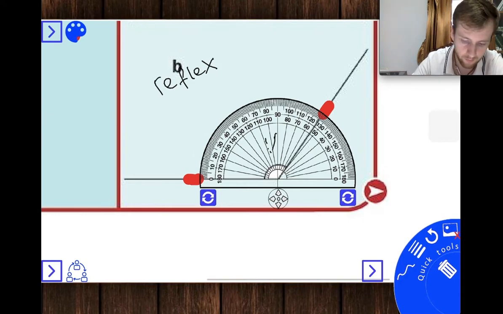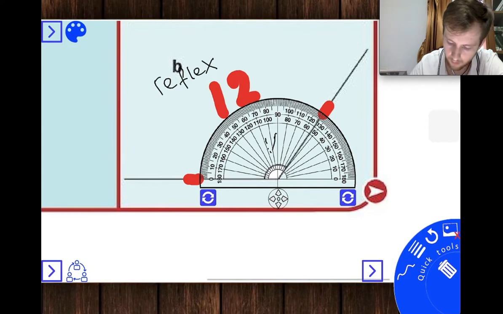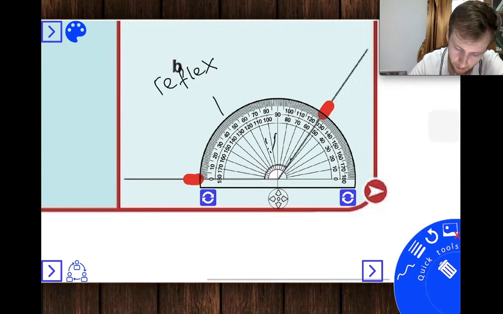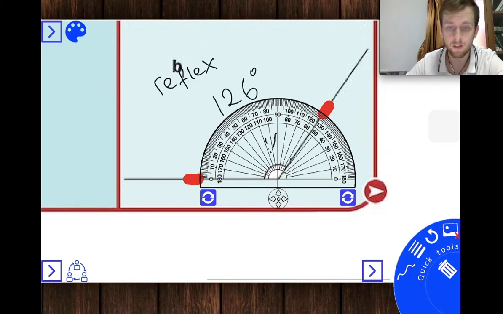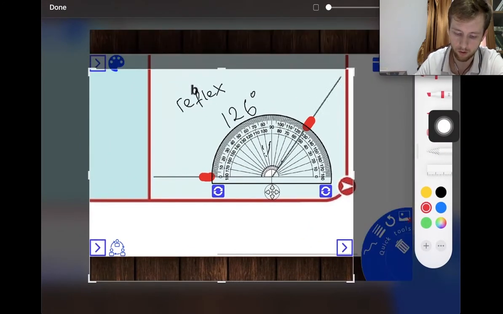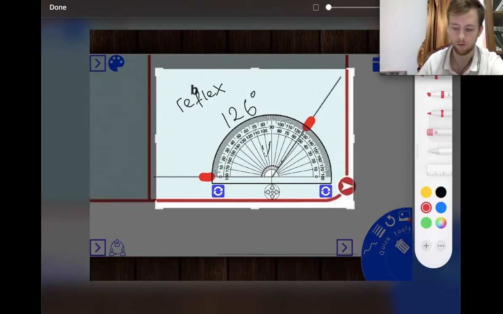Why is it so big? 126°. Okay, so this is how we measure angles, and let's get to the next one.